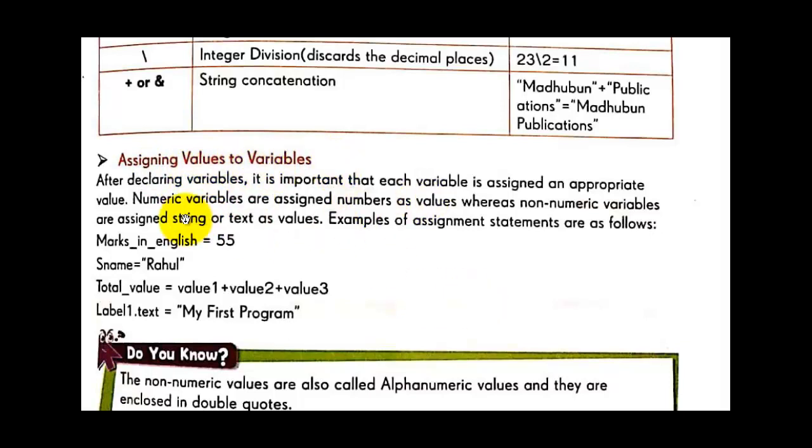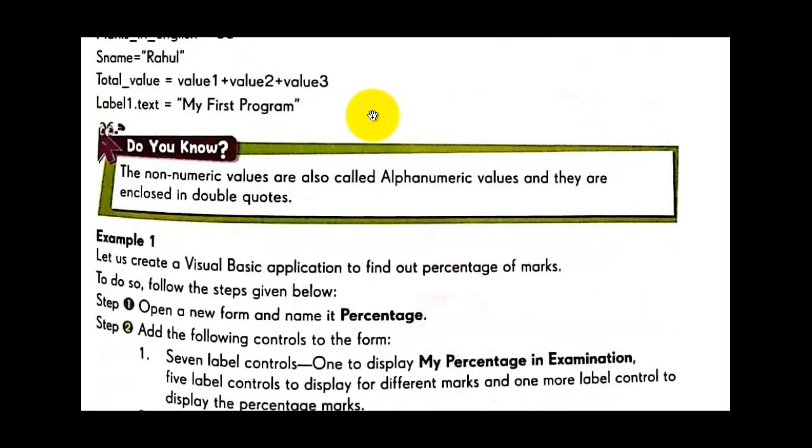There are two types of variables: numeric variables, to which we assign numbers only, and non-numeric variables, to which we assign strings as well as text. Non-numeric variables are also called alphanumeric, since sometimes we use both alphabets and numbers.